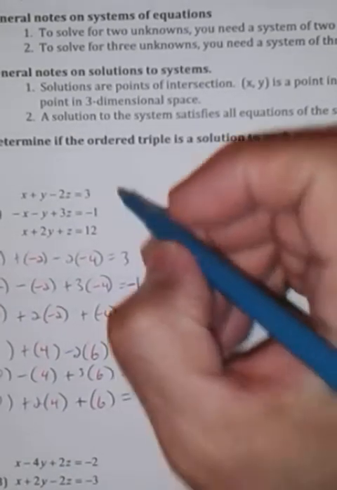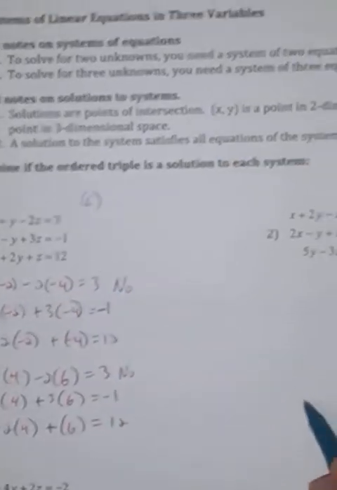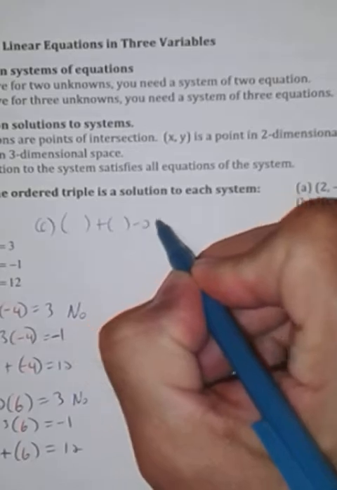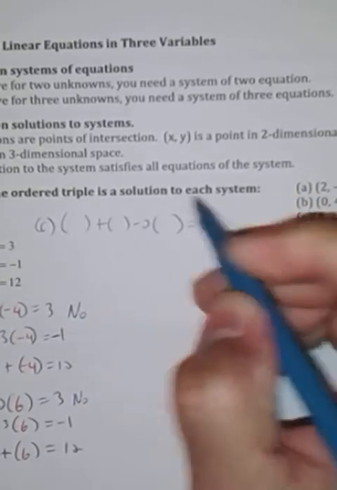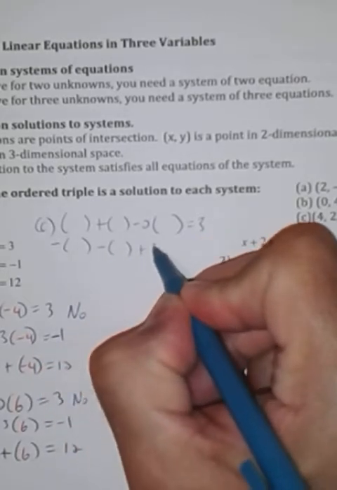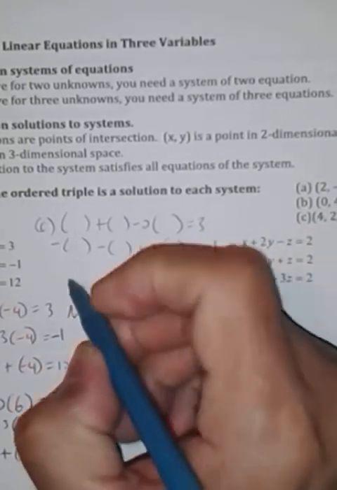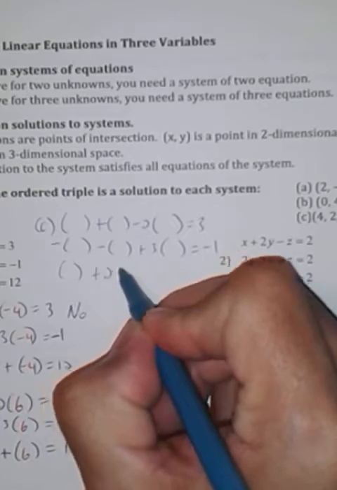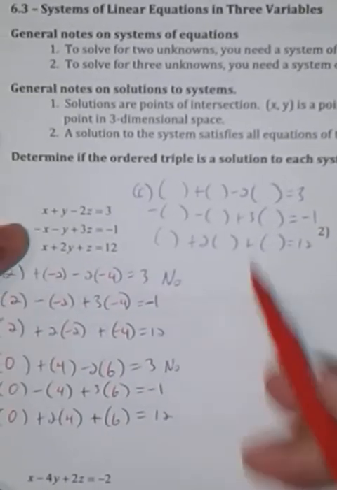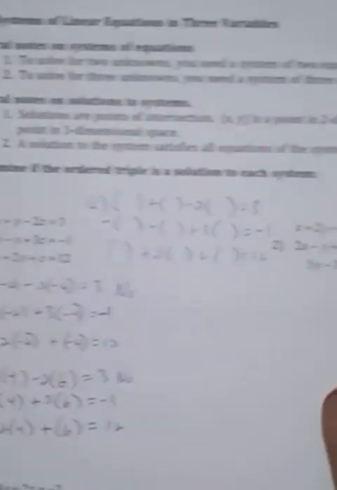Let's try C. I'll write C up here. And again, the equations are x plus y minus 2z equals 3, negative x minus y plus 3z equals negative 1, and x plus 2y plus z equals 12. All right, fill in my values for x, y, and z for letter C, right?